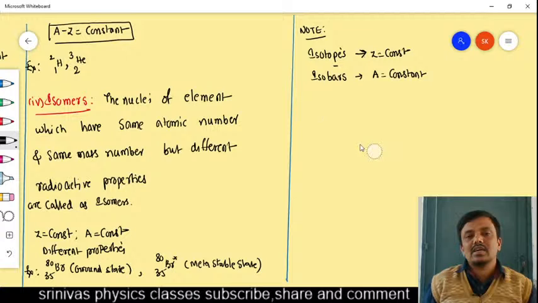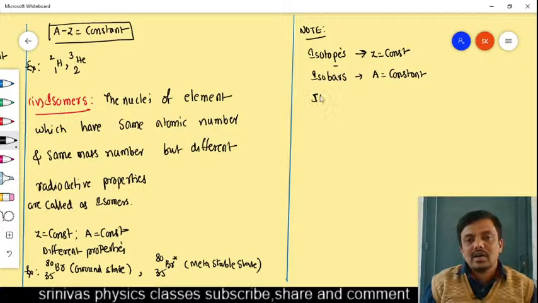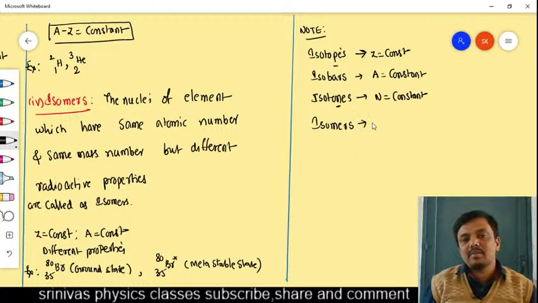Next one is isotones. Isotones means what? In the name only it is there, so it is very easy to remember the definition. Isotones means N will be constant. N means number of neutrons will be the same. And isomers are the elements which have the same atomic number and same mass number, A constant and Z constant, but different properties.